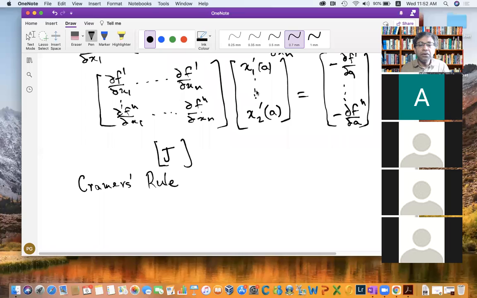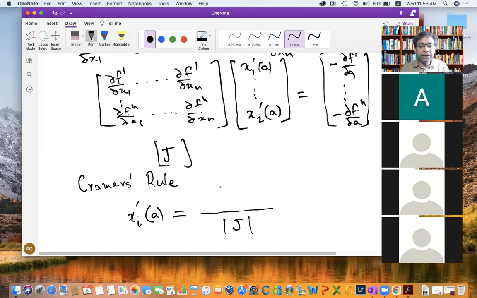So for the ith derivative here, let's say x i prime a, standard solution techniques from linear algebra tell us that it is given by this matrix, its determinant in the denominator. So the determinant of the Jacobian matrix.